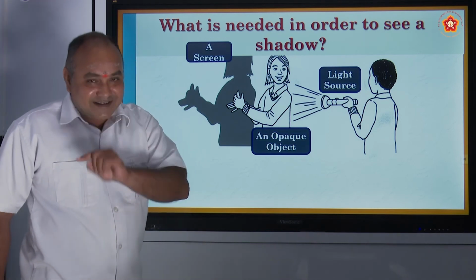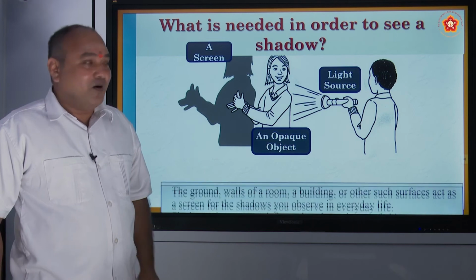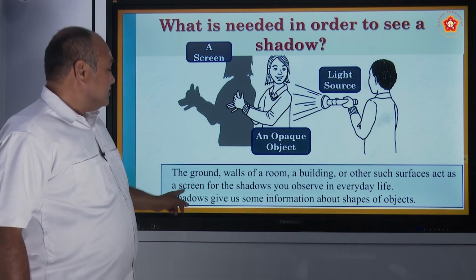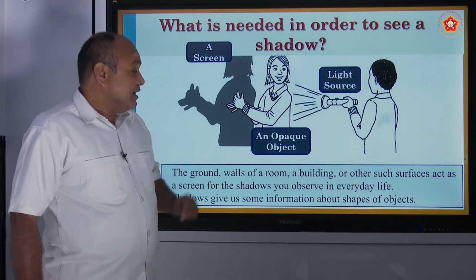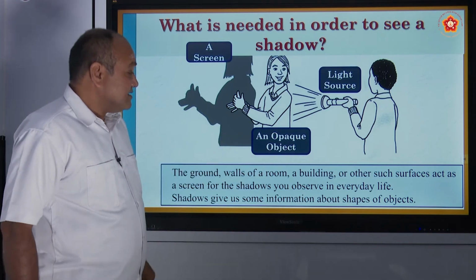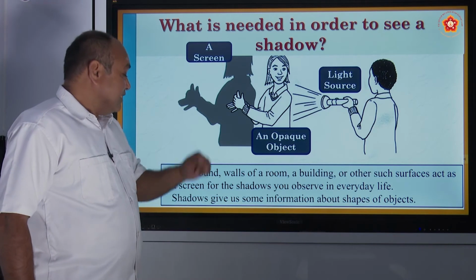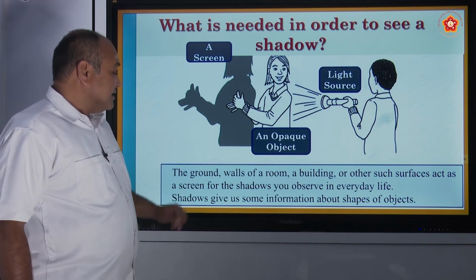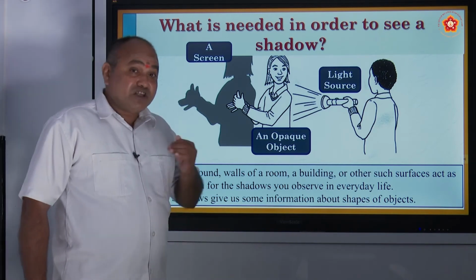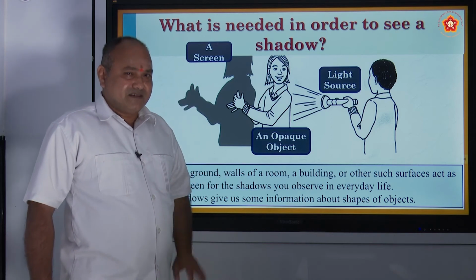Yes, it is the wall. The ground, walls of a room, a building or other such surfaces act as a screen for the shadows you observe in everyday life. Shadows give us some information about the shape of objects.